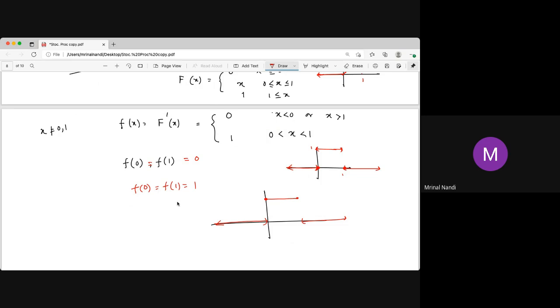If you change your integrand, the function you are going to integrate, at only finitely many points, or at countably many points where the number of limit points is finite, then the integration does not change. The integrand may change, but the integration does not.